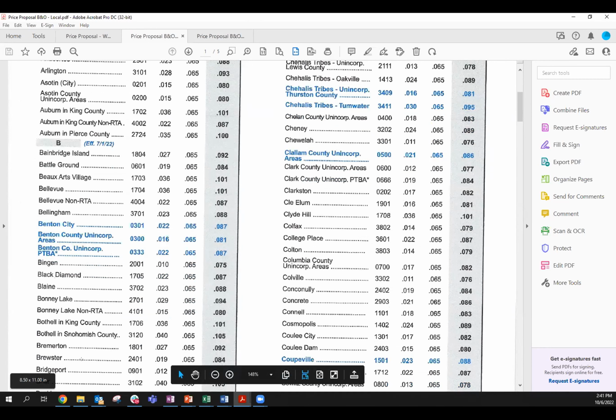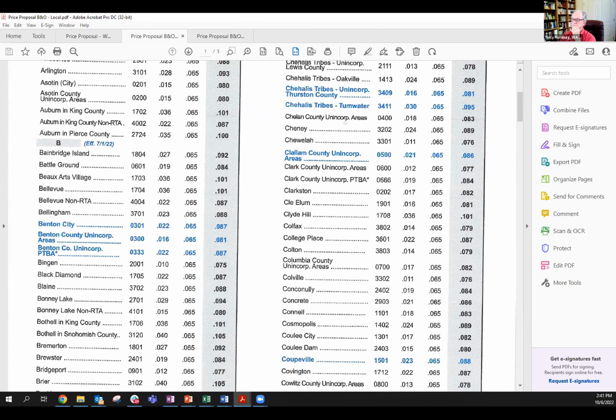So it's incumbent on the contractor to check with the local authority, the city or county that they're working in, to see if there is a B&O tax. But this schedule is incorrect. It's strictly sales and use tax. Because in some places that's synonymous with B&O, but in this case it's not.